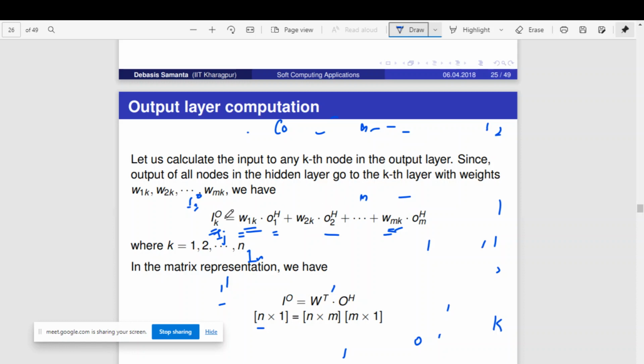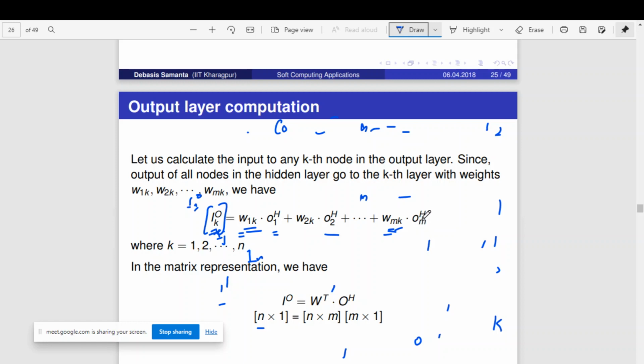Okay, so in this matrix, this particular thing is a vector. This is a column vector. This is nothing but the input to the kth neuron of the output layer. The output layer contains how many neurons? n neurons. So this vector size is n cross 1, and this W matrix size is m cross n. Okay, and this is what you call the output from the hidden layer.